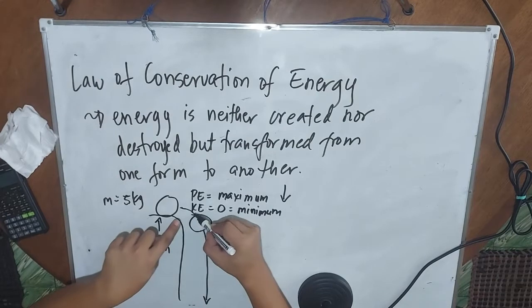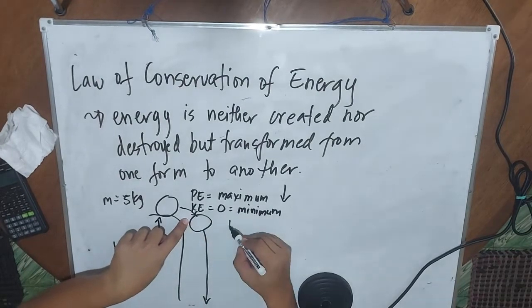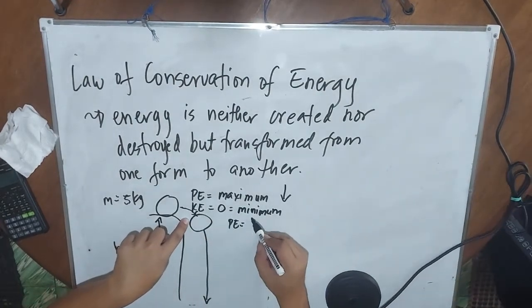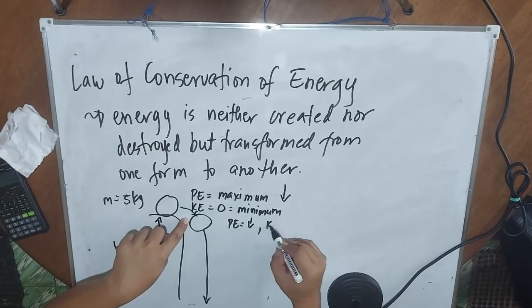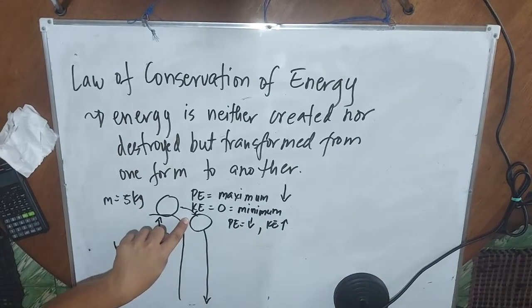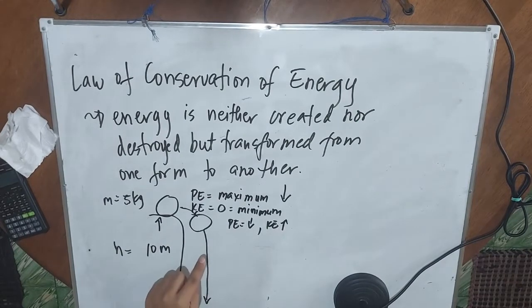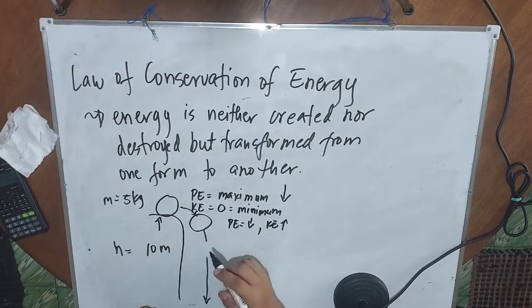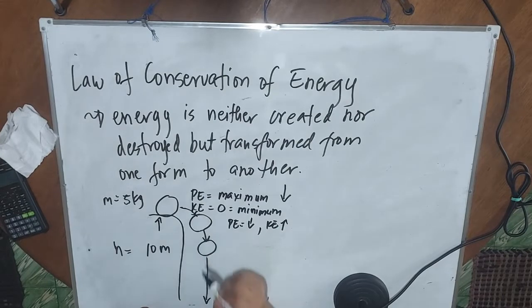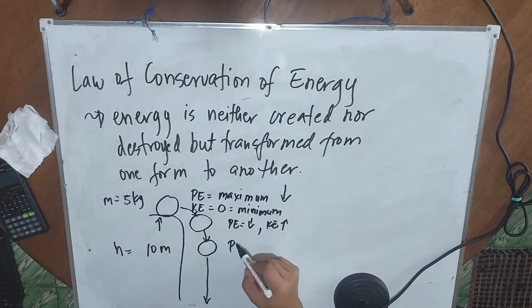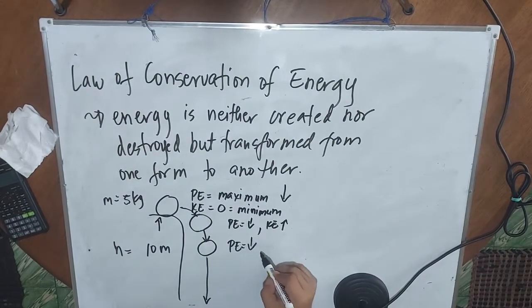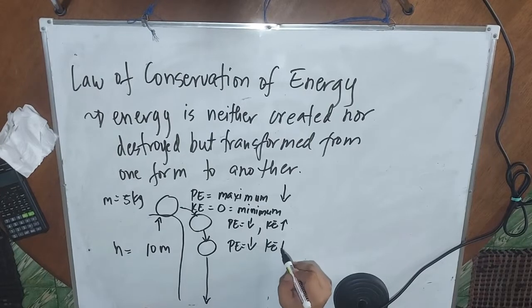The moment na nahulog yung object, the potential energy now decreases, but the kinetic energy is increasing kasi nagmo-move na yan. I hope you are understanding it. Now, pag babagsak pa yung object natin, still, the potential energy is decreasing, the kinetic energy continuously increases.